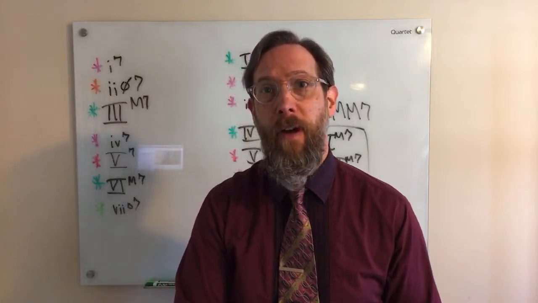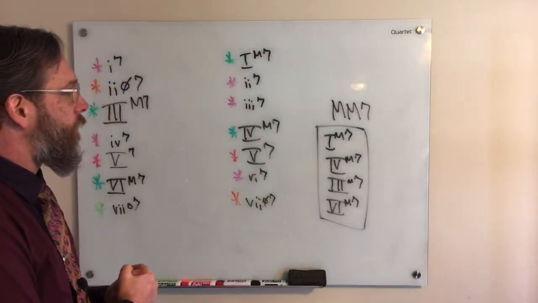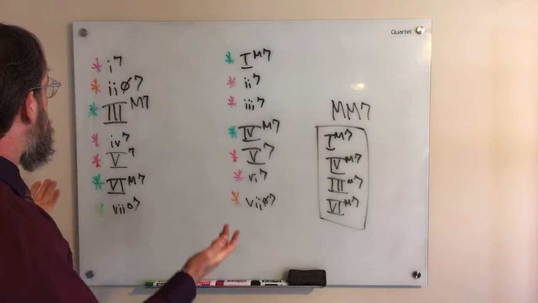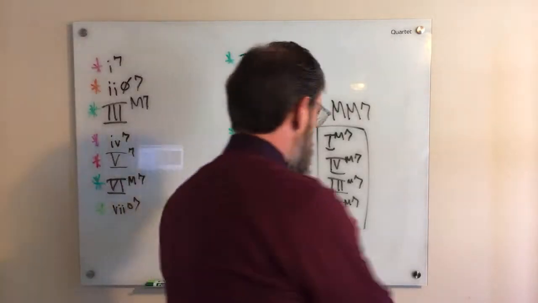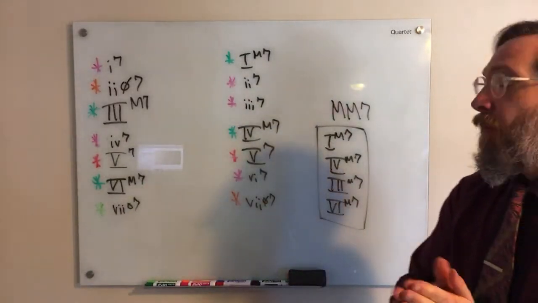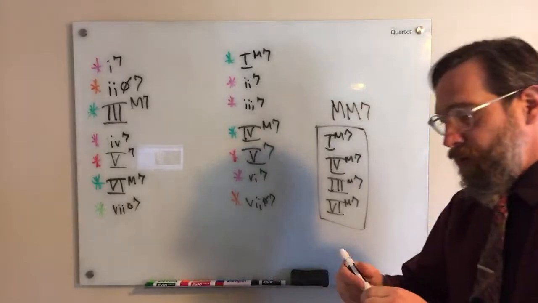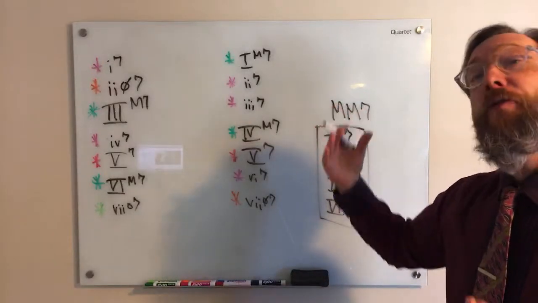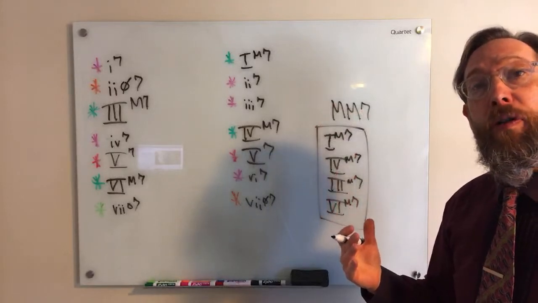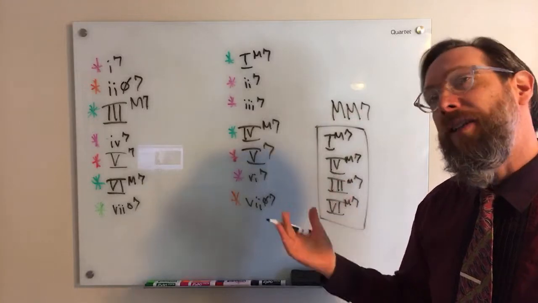So first off, I left on the board, this was from my music theory class from Friday, yesterday, and we were talking about diatonic seventh chords. I mentioned the frequency with which seventh chords are used, particularly in classical music.